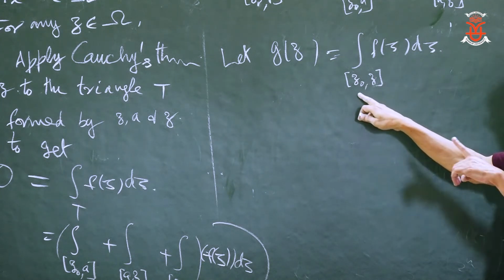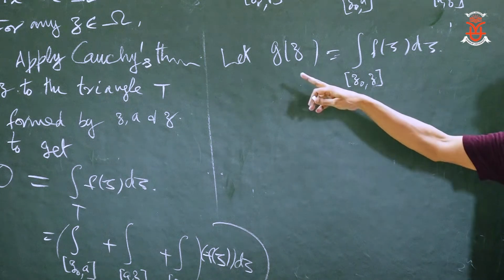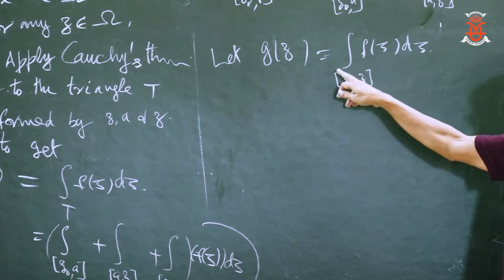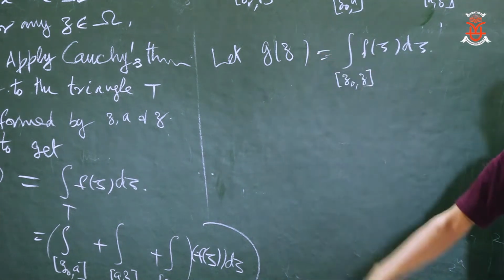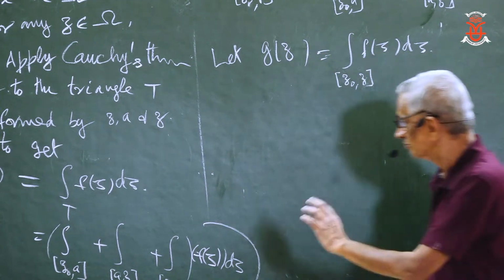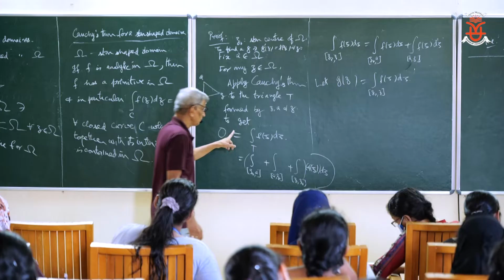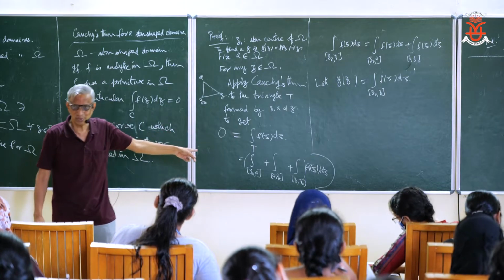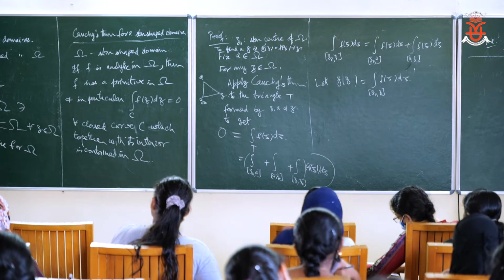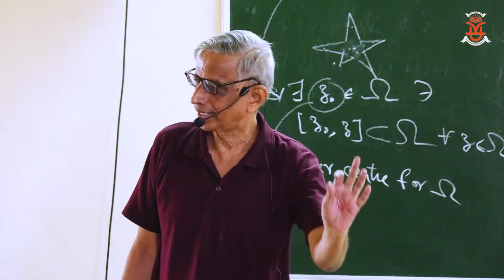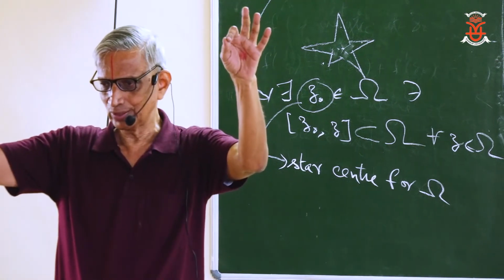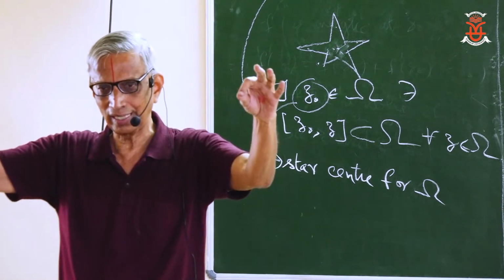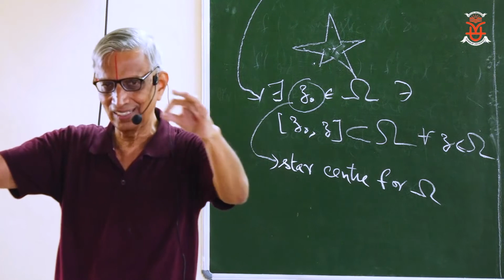So here is where your things come in, right? This always lies in the domain because the domain is star-shaped and Z0 is the star center. By the way, there is some question to be asked even before that. A and Z are two points in the domain. So why should the line segment AZ lie in the domain?